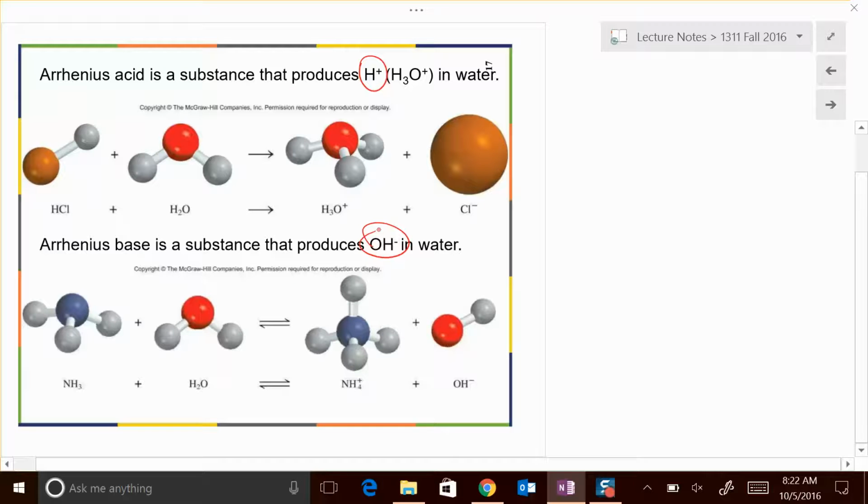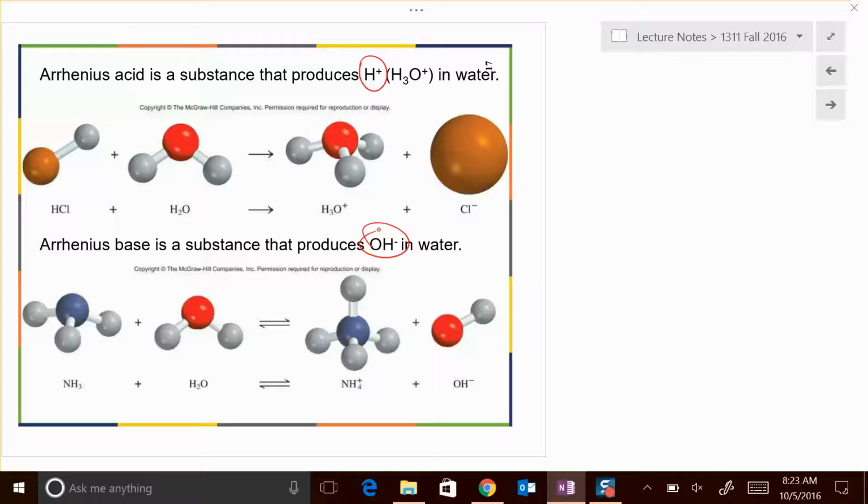You can see that happening here with the hydrochloric acid and with the ammonia as well. This one is less clear because you have to have water for it to react with in order to produce the OH minus, which is often the case with lots of weak bases. Weak bases often need water in order to produce that hydroxide.